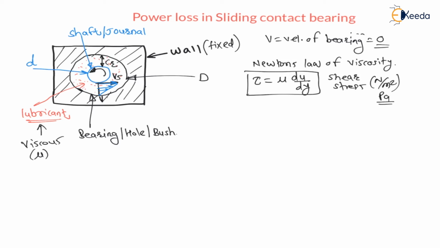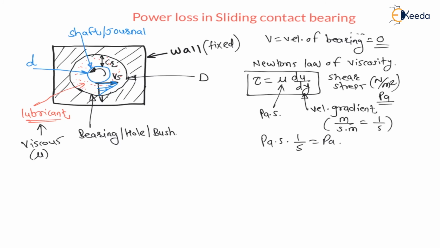Mu is the dynamic viscosity, or simply viscosity, in Pascal second, and du by dy is called the velocity gradient, which is velocity in meter per second over distance in meter, that is 1 upon second. Therefore Pascal second into 1 upon second becomes Pascal. This is how we can find viscous shear stresses.